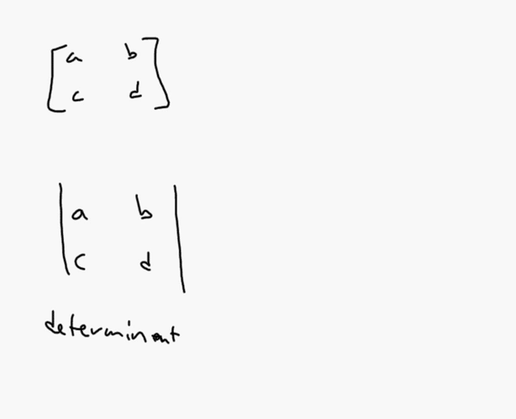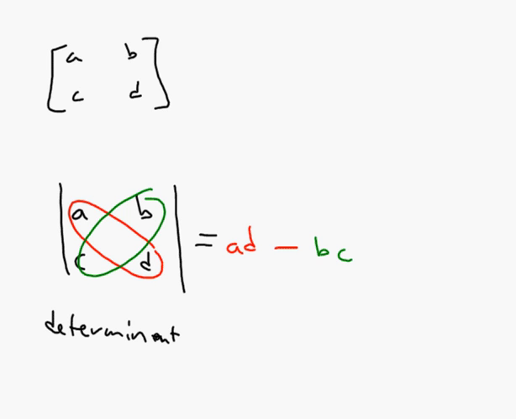Okay. So the determinant has a definition. Here's what it is. You're going to say, okay, I accept this definition. The determinant of a matrix is the product of these two numbers, A times D, minus the product of those two numbers, B times C. That's the determinant of a matrix.